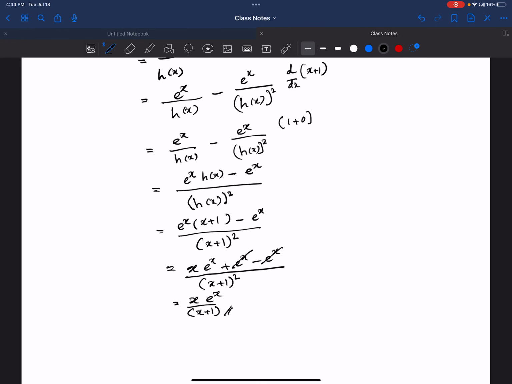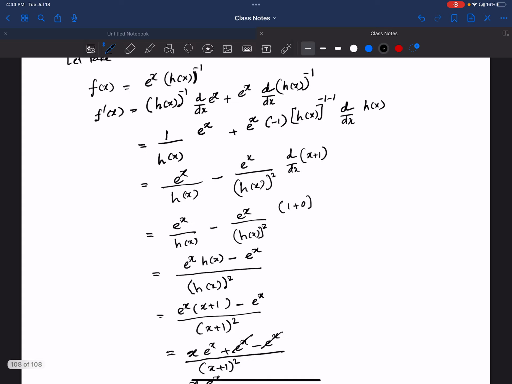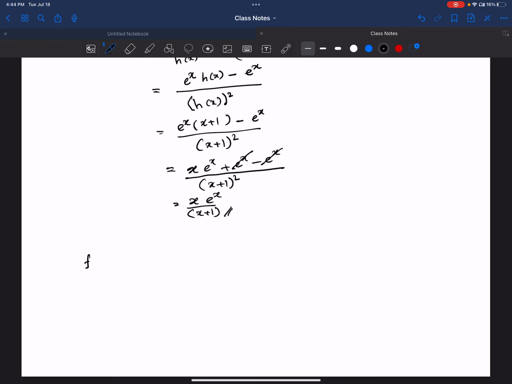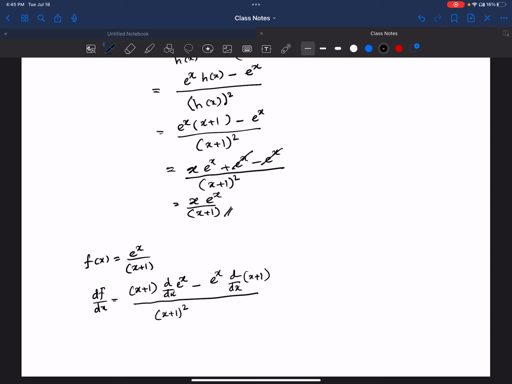And if you want to apply the quotient rule, you can do that as well. If you want to directly apply the quotient rule in this case, what you can do is you have f of x equals e to the power x over x plus 1. So you need to find df over dx, which is x plus 1 times d over dx of e to the power x minus e to the power x times d over dx of x plus 1, divided by x plus 1 squared, right?